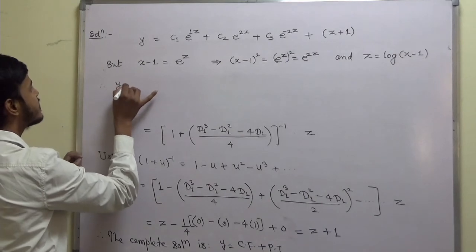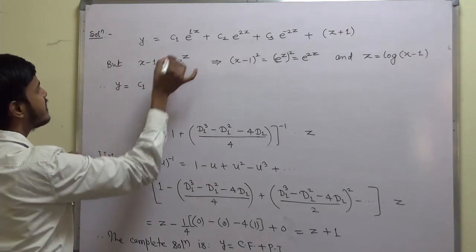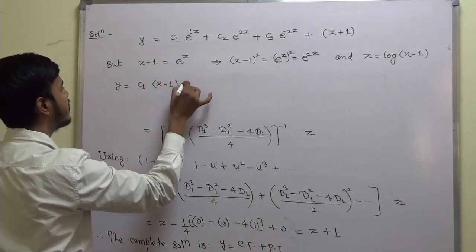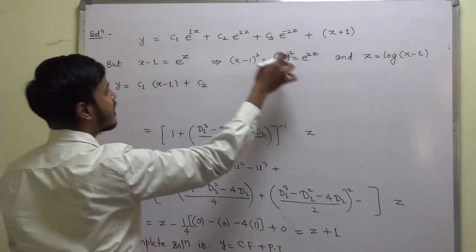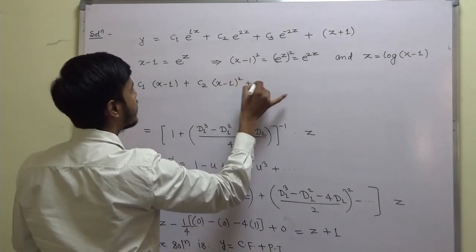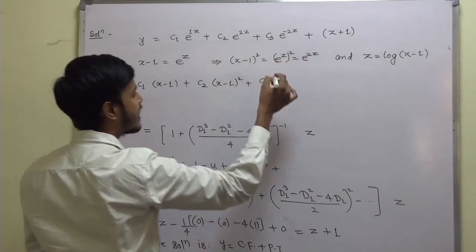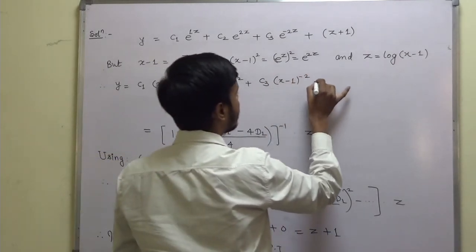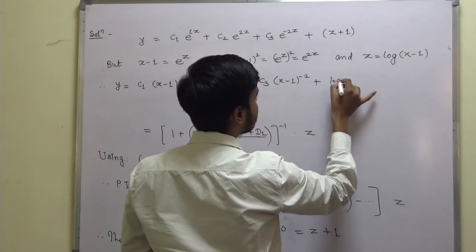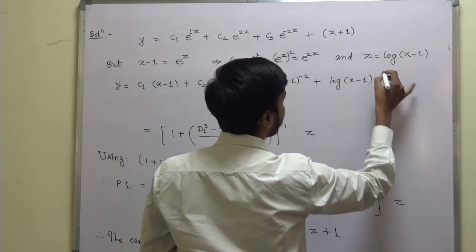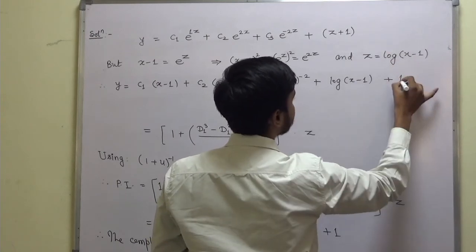Therefore y is equal to c1, and what is e to the power z? It is x minus 1, plus c2, and what is e to the power 2z? x minus 1 whole square, plus c3, and what is e to the power minus 2z? x minus 1 to the power minus 2, plus z, which is log of x minus 1, and this plus 1 as it is.